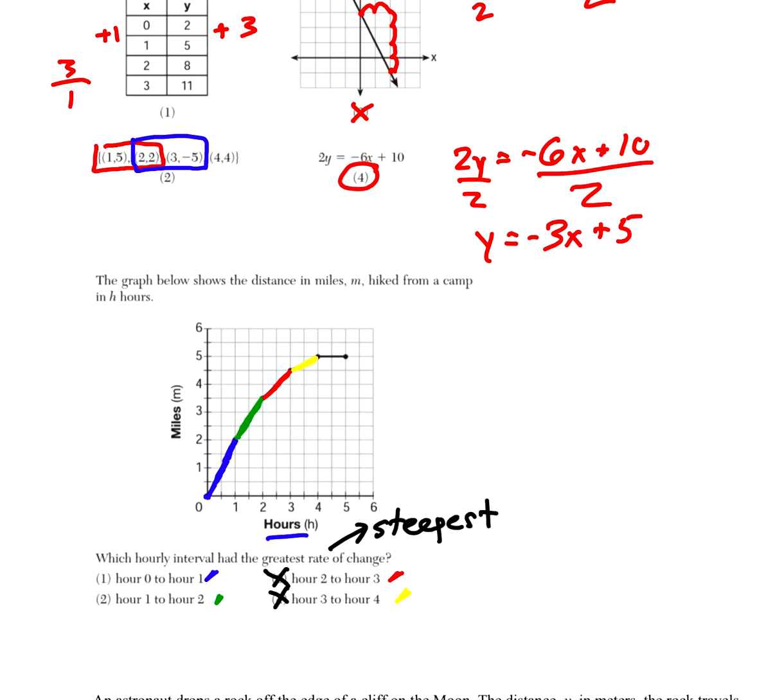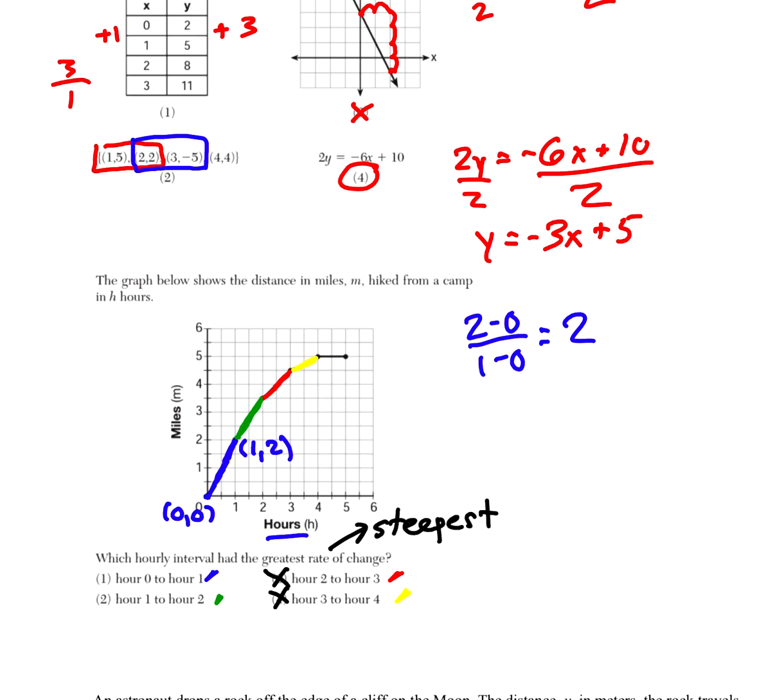So between those 2 points, this is 0, 0, and then it ends at 1, 2. So let's find the slope between hour 1 and hour 0. That would be 2 minus 0 over 1 minus 0. So between 0 and 1, we have a rate of change of 2.